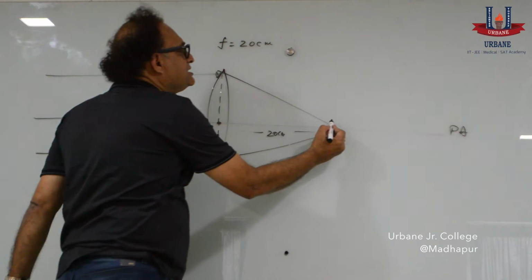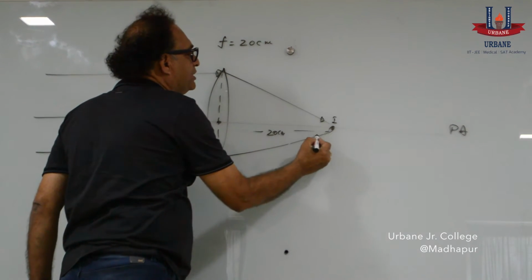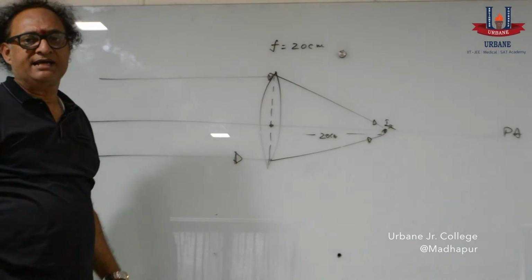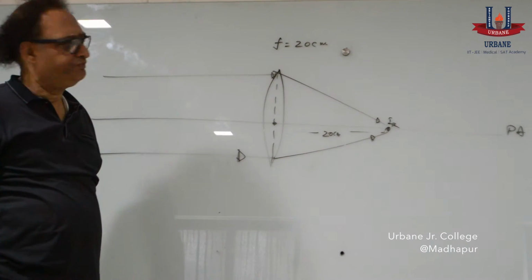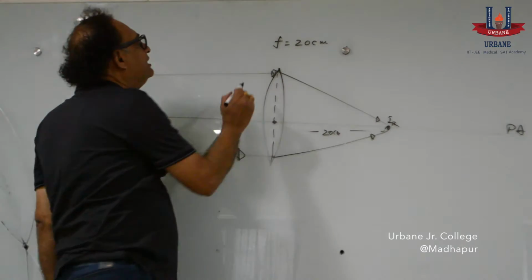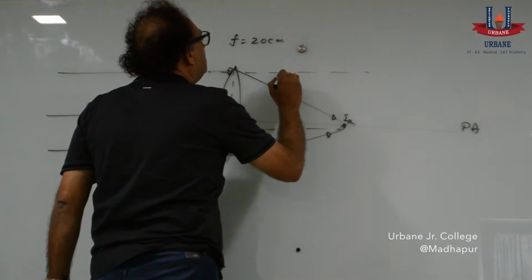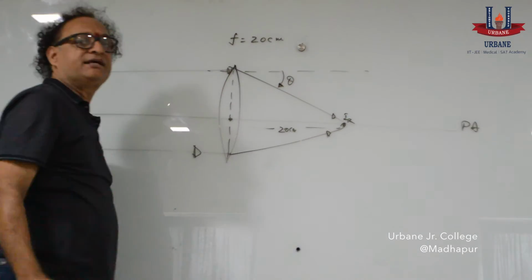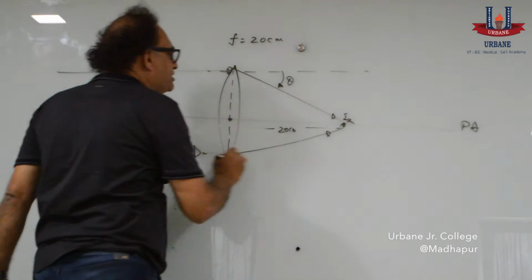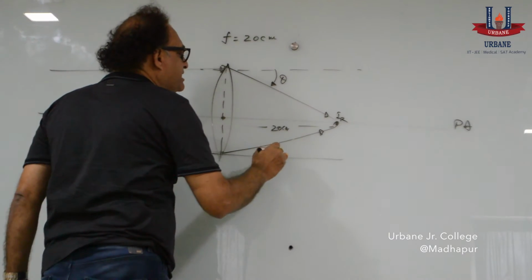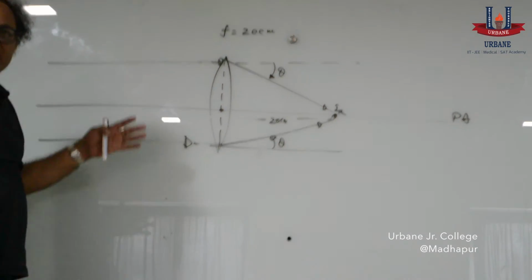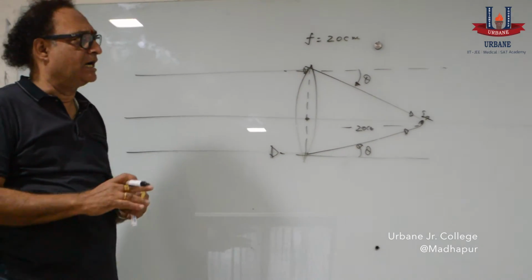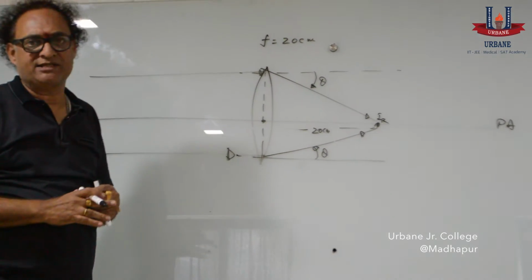In fact, this is the place where the image is supposed to be formed, and this image we call as a real image. Now this ray should have gone straight, but it is deviating by a certain angle. I call this angle theta. Similarly, this ray is getting deviated by the same angle theta. So the rays are getting converged, and hence this lens is called a convergent lens or a convex lens.